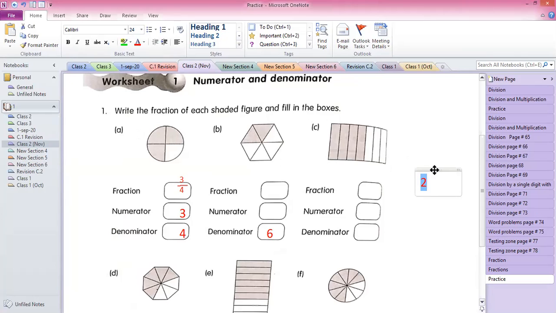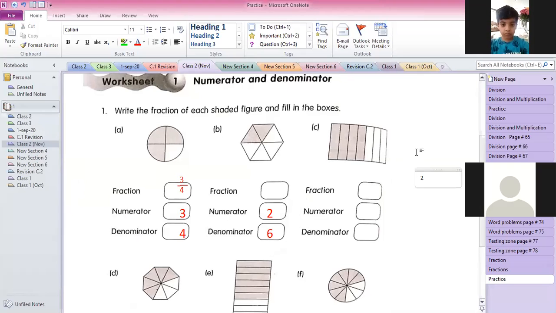So you will write here 2. Now I need to write the fraction.